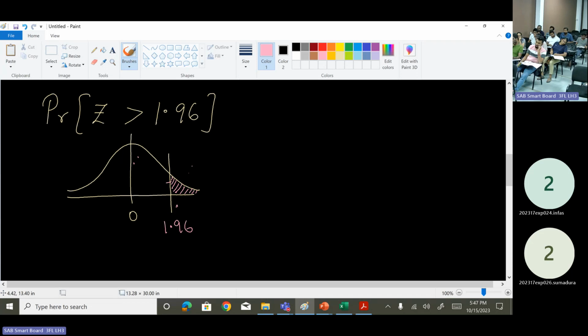So 0.5 minus this region. If you refer 1.96, you get 0.4750. So that is 0.0250.